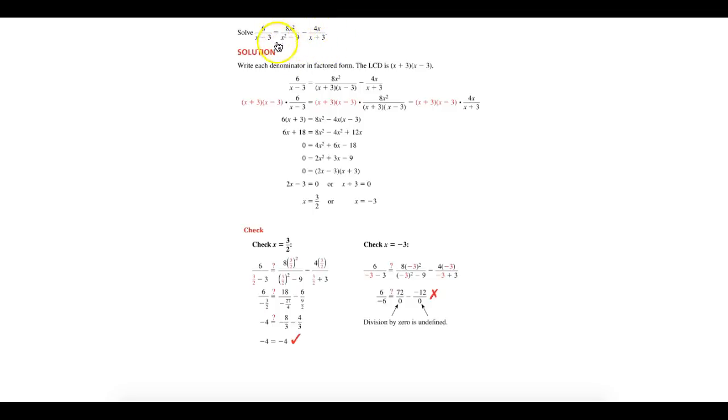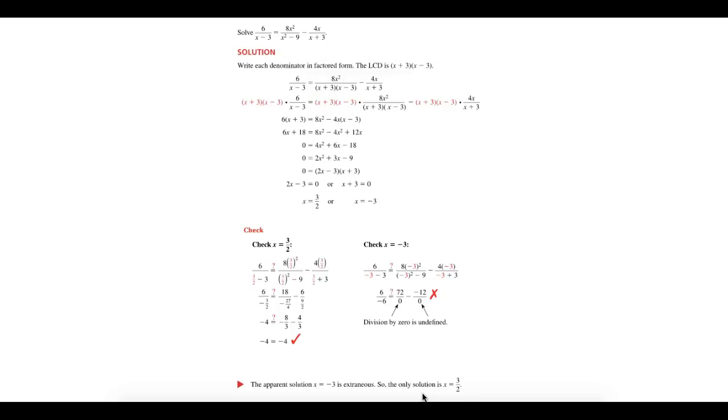That'll set your denominator equal to 0, and you're going to get an undefined equation, which means this is an extraneous solution. So 3/2 works for you, but negative 3 does not. Remember, it's an extraneous solution. So 3/2 is the only valid solution to this problem.